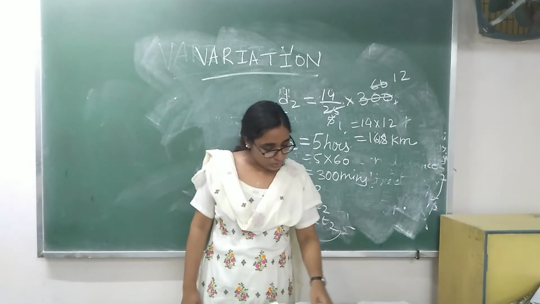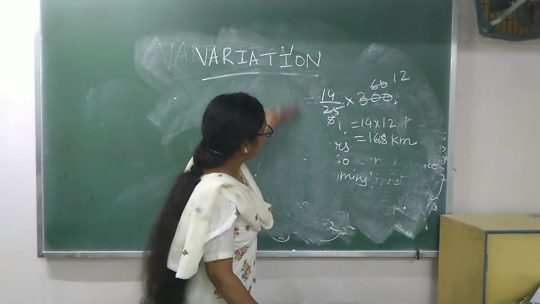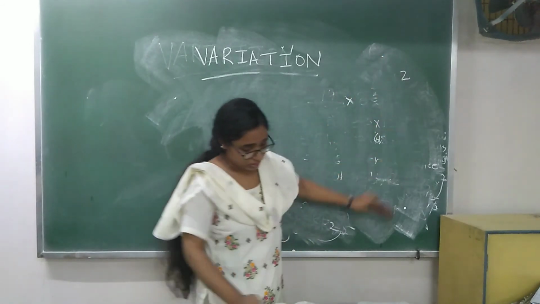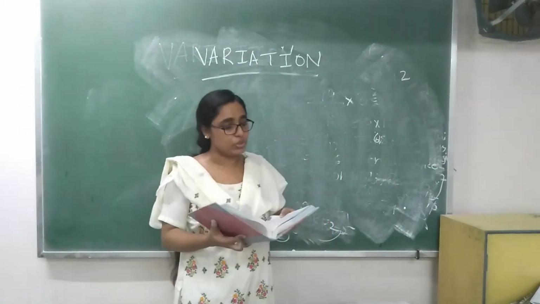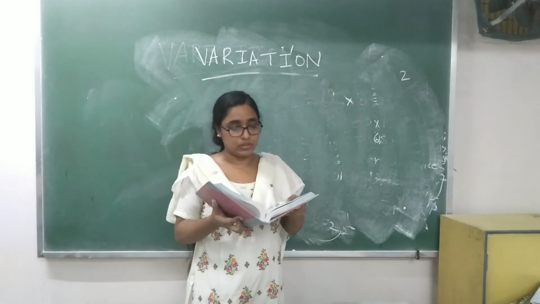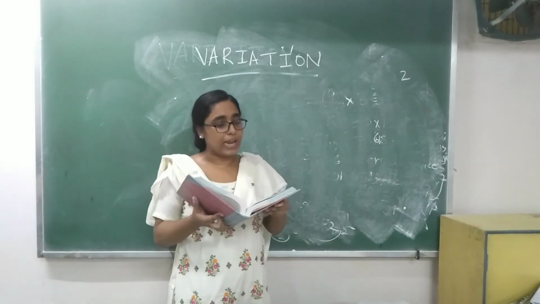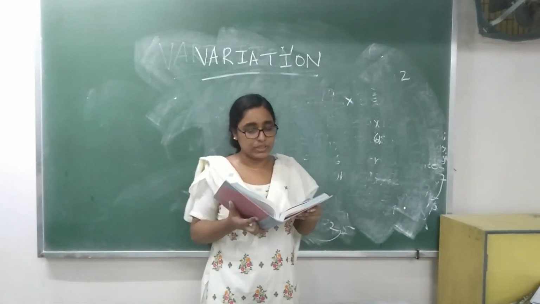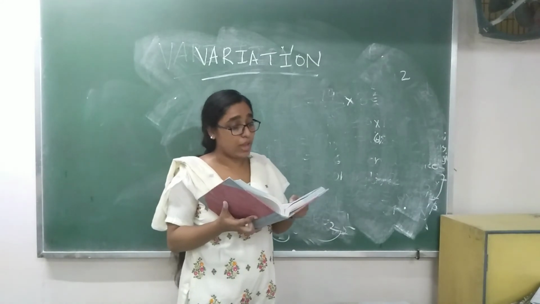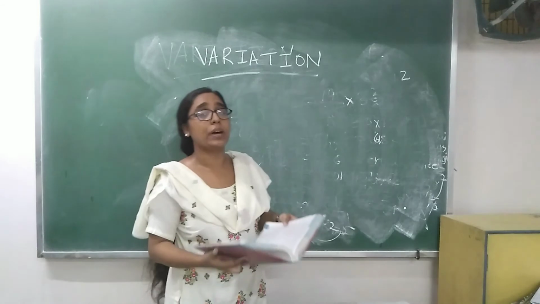Okay. Now come to question number 3.2. The question is: a box of sweets is divided among 24 children of class 1 of our locality. They will get 5 sweets each. Let us calculate by applying the theory of variation how many sweets each would get if the number of children is reduced by 4.